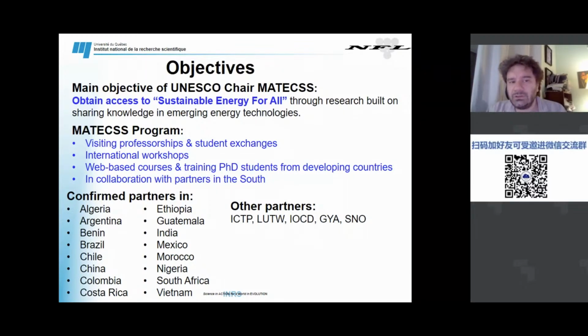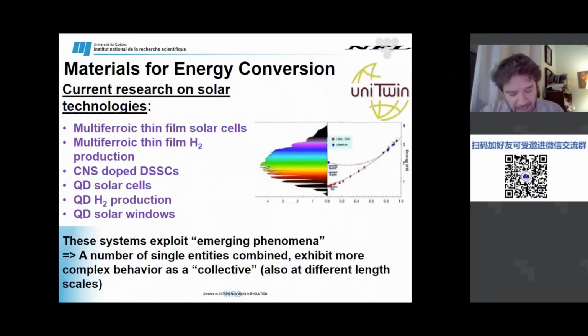And basically, we host visiting professors and exchange students. We organize international workshops. And in particular, we train a limited number of PhD students from developing countries, trying to give them an opportunity that they might not have elsewhere. And the title of the chair is Materials and Technologies for Energy Conversion, Saving, and Storage. These are sort of the three broad areas of energy that we're interested in.